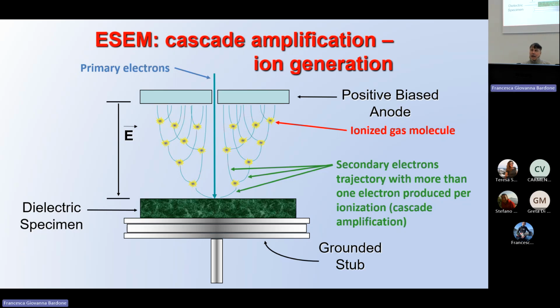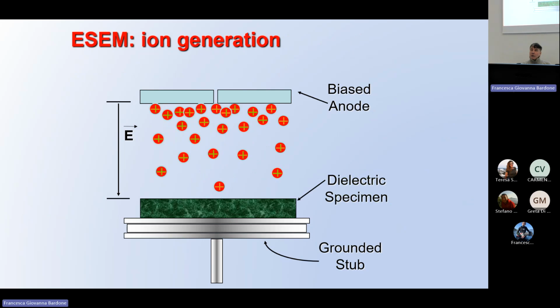And what happens to the molecules? Remember, the secondary electrons have ionized the molecules, and then ionize the molecules, and then ionize the molecules. All the molecules have become positively charged because they have been ionized. So you have a huge amount of molecules which are positive.